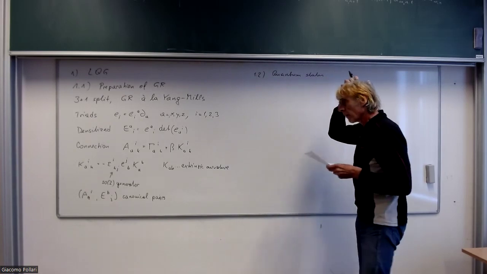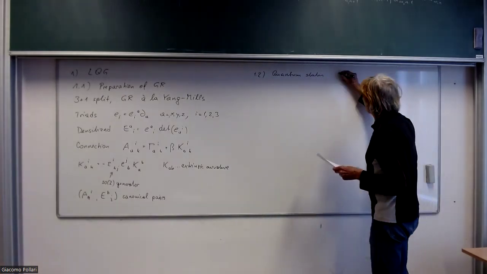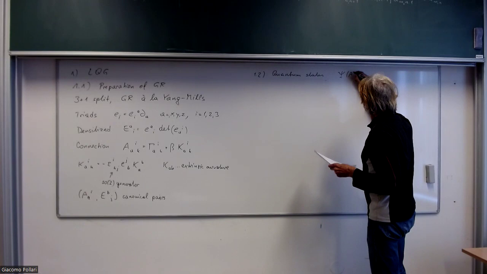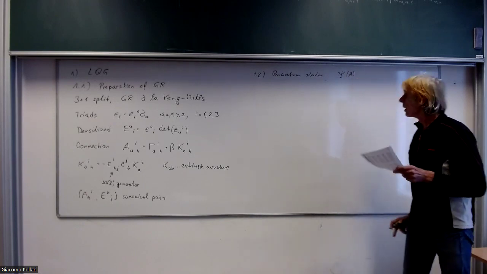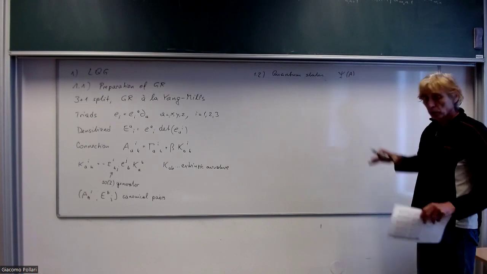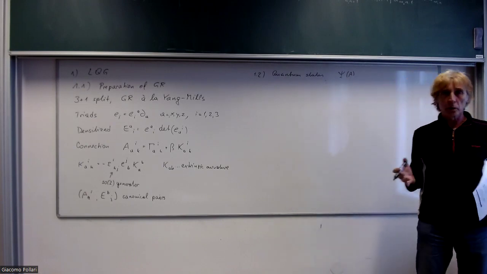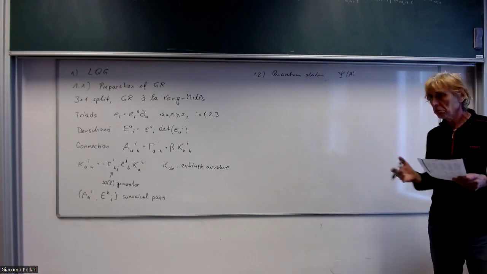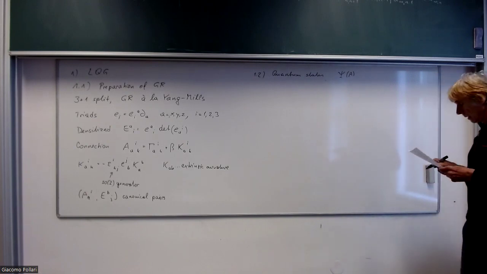We choose a connection representation, psi of A, in principle. But A as a connection is gauge variant, and under coordinate changes the connection changes in a not very simple way.